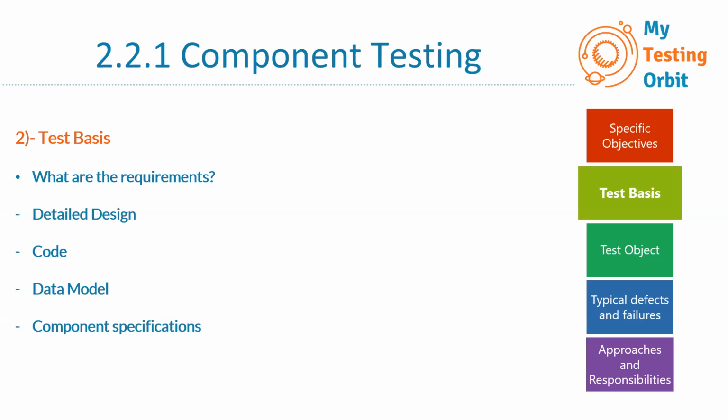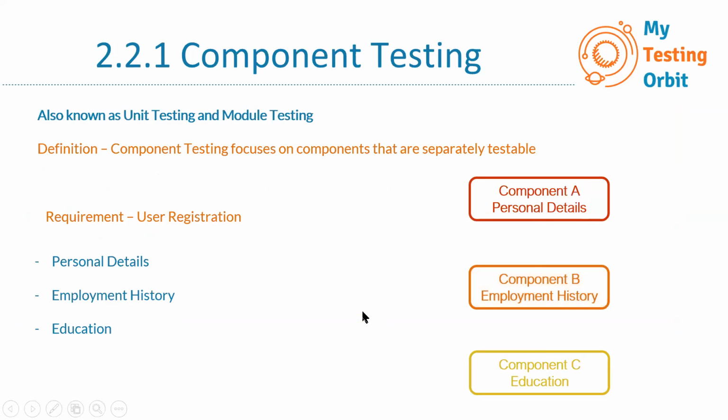So in the requirement phase, let's take the same example we did here, the user registration page. Let's say I give you the requirements that you have to build a user registration page in which I want 3 high-level sections: personal details, employment history, and education.